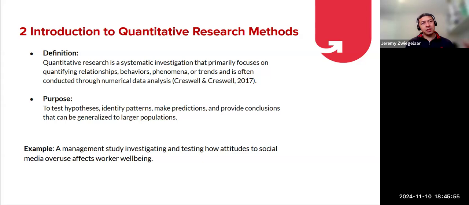But the point is that this research method is about quantifying what is happening. So whether that is through a survey or through secondary analysis or something else like a longitudinal analysis, the idea is that you're quantifying the patterns and the data itself to try to understand what's actually happening there.